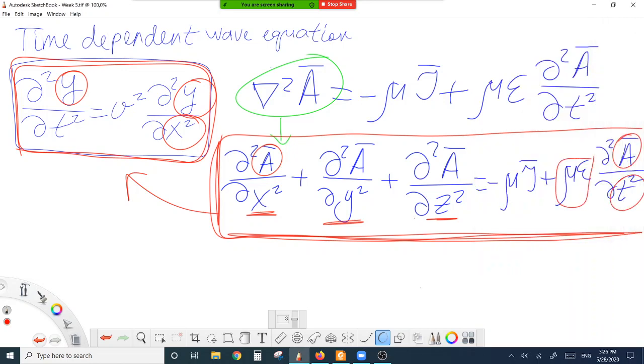This term is 1 over v squared, which is also present here, and this term is the source term.